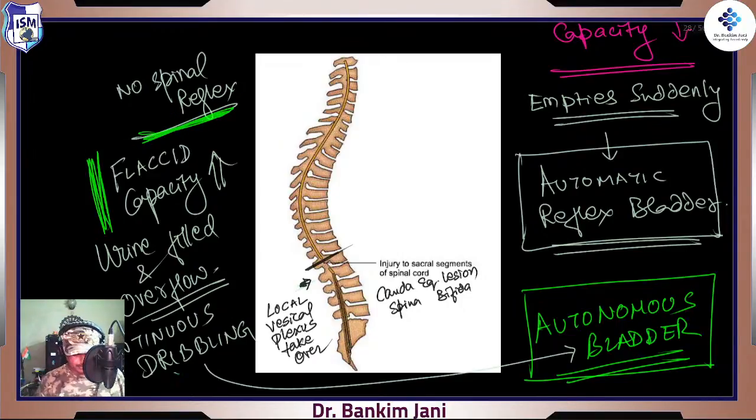I've written it over here, but all these green things are for the autonomous bladder.